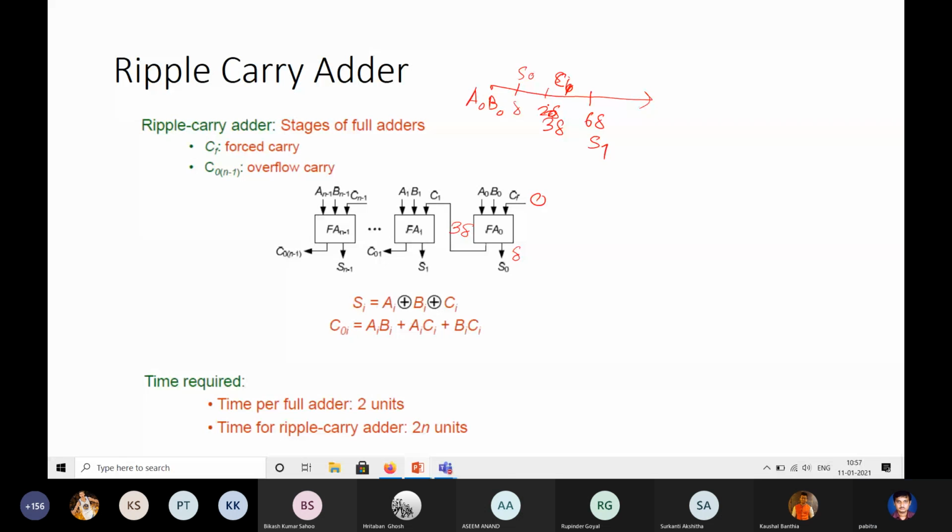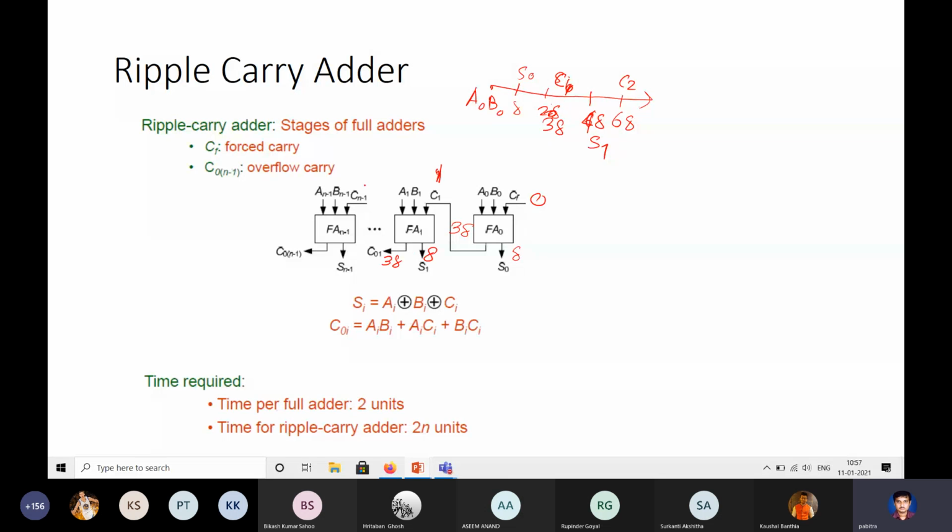So S1 comes at 4 delta, whereas C2 comes at 6 delta, 3 delta from the time C1 arrives. If we call this the time at which C1 arrives, the sum comes at delta from that, and the carry comes at 3 delta from that.